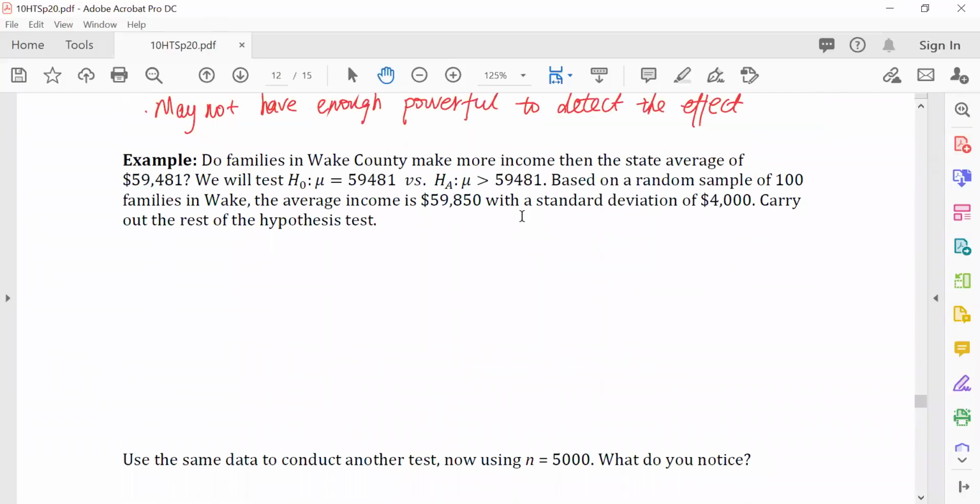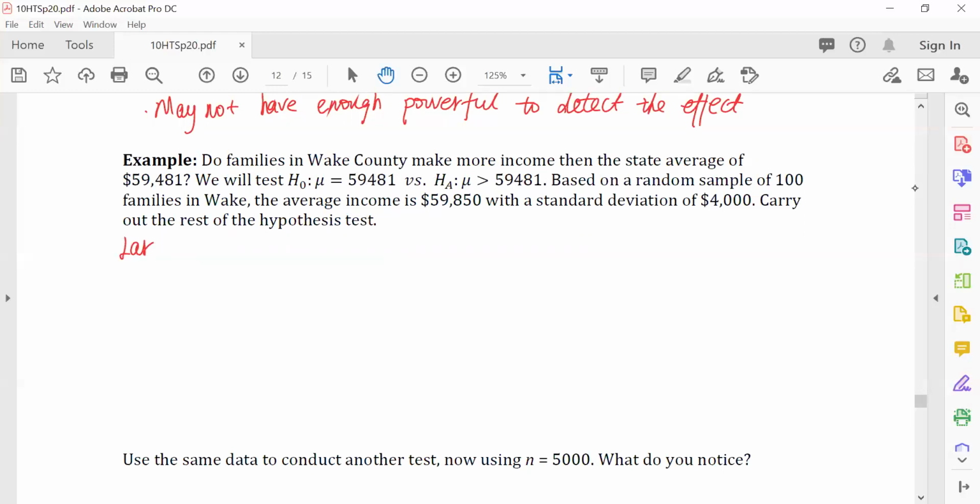In this example, we try to conduct the hypothesis test of whether Wake County families make more income than the state average: H-naught, mu equals the state average 59,481, versus the alternative hypothesis, mu greater than 59,481.